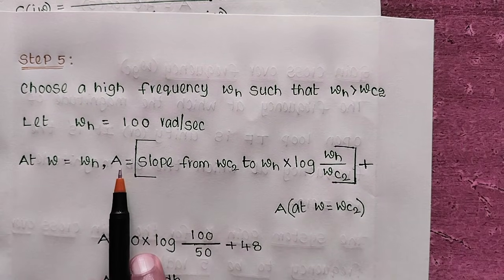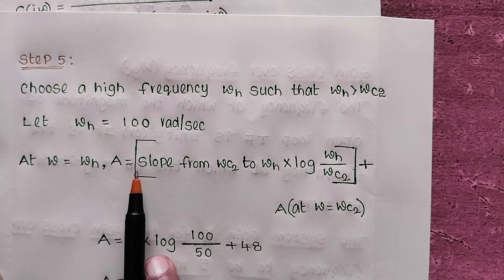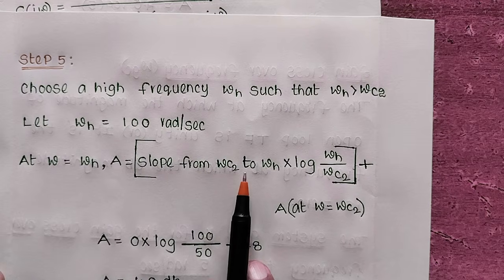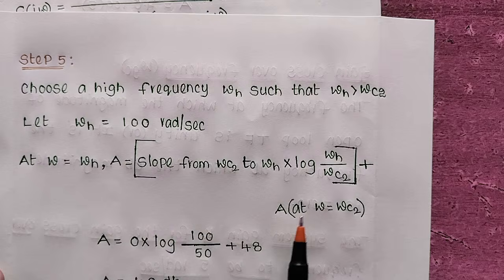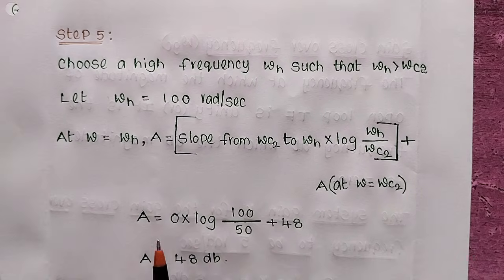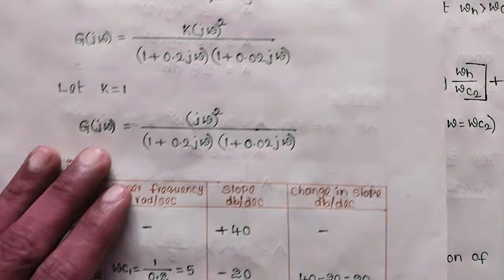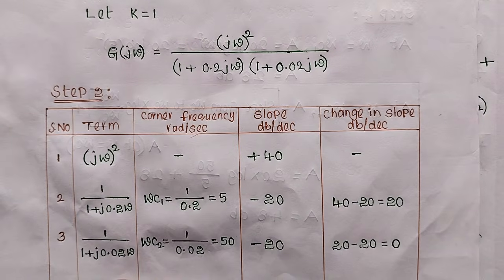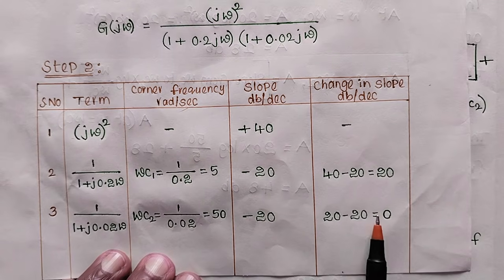So this is the gain, the magnitude at omega equal to omega h. From the tabular column, from omega c2 to omega h, the change in the slope is 0.